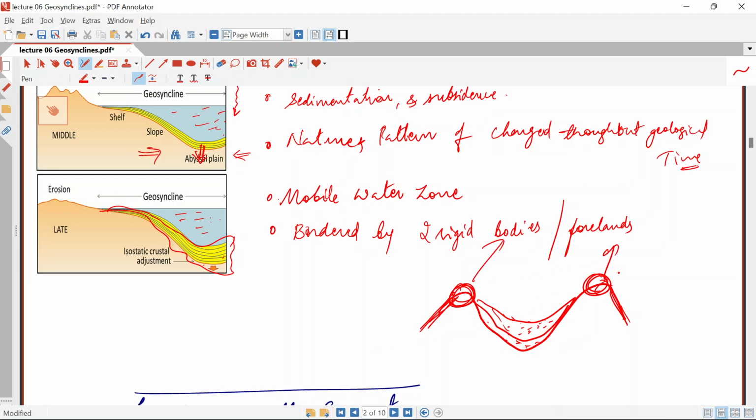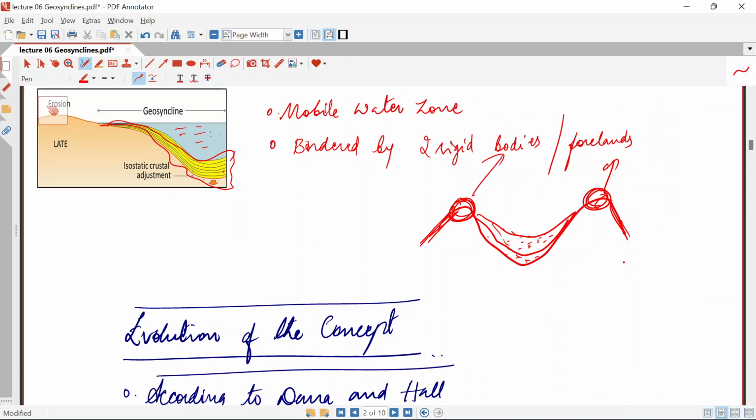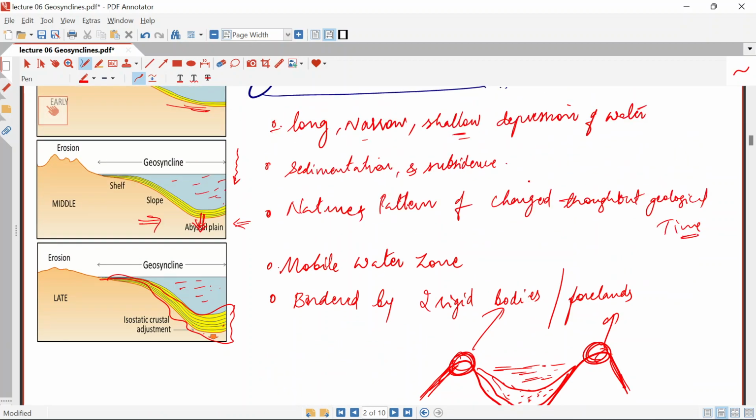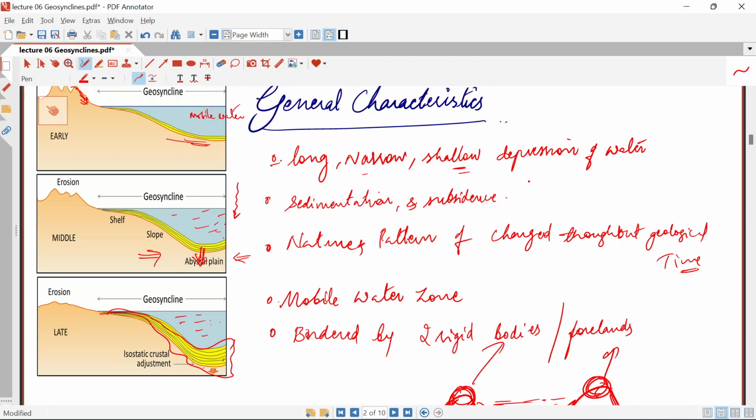This is what a rigid body means. And here water is present, the mobile water. So this is about a geosyncline and its characteristics. You can have a quick glance at it.